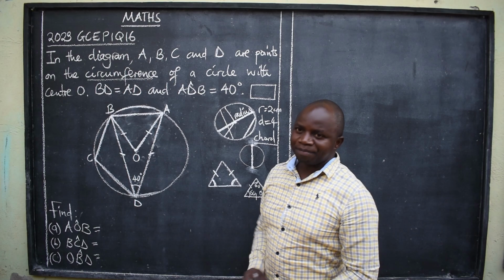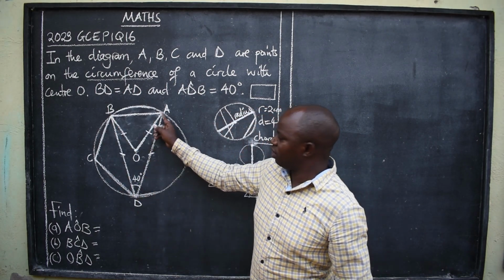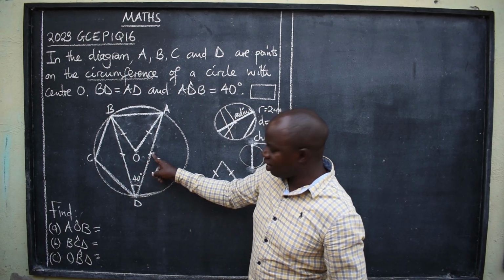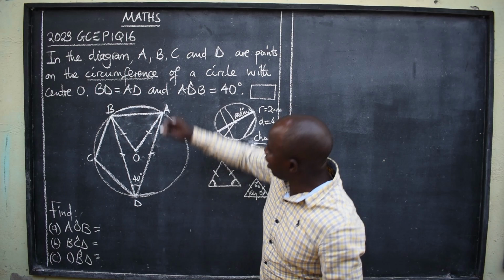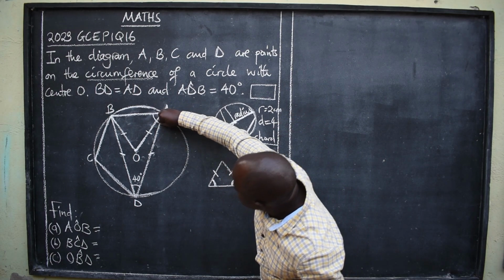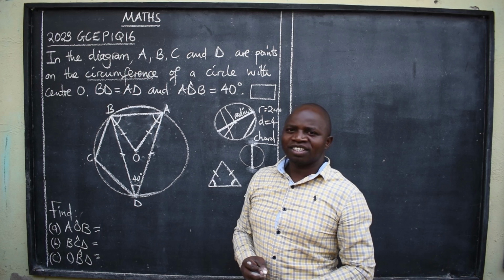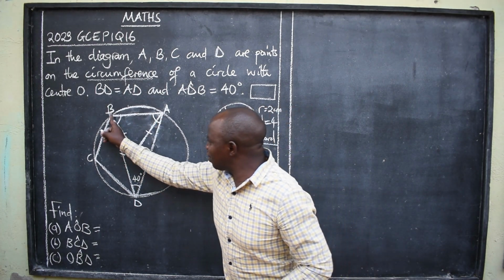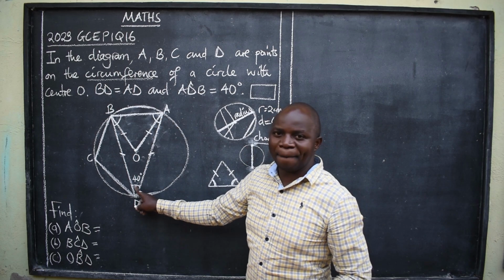Applying this here, I'm able to see this triangle, where this length and this length are equal. So if this and this are equal, it means this angle and this angle are equal. Now, in this triangle, I have 40 here.